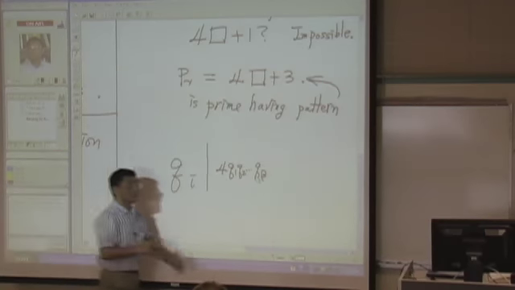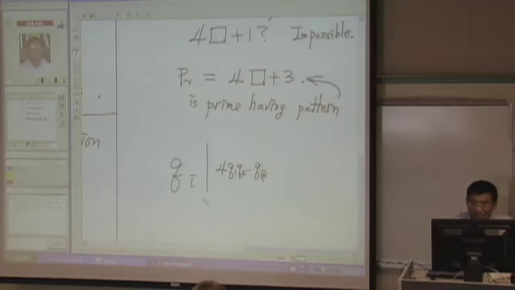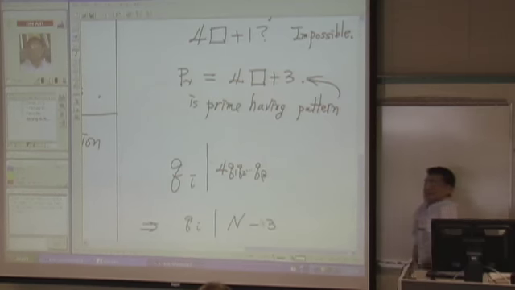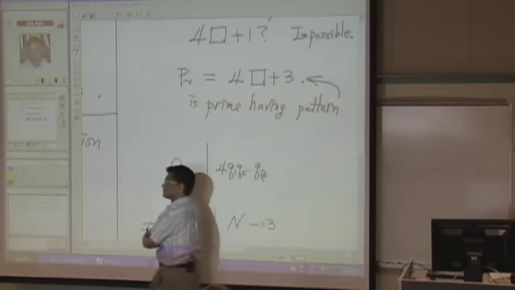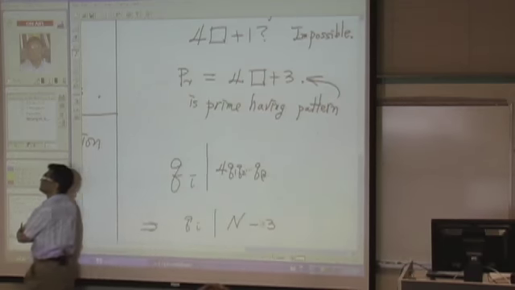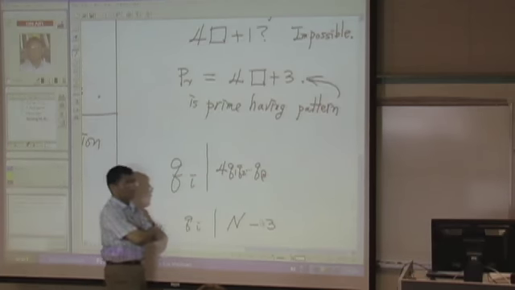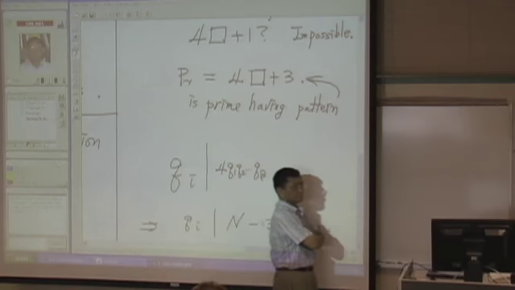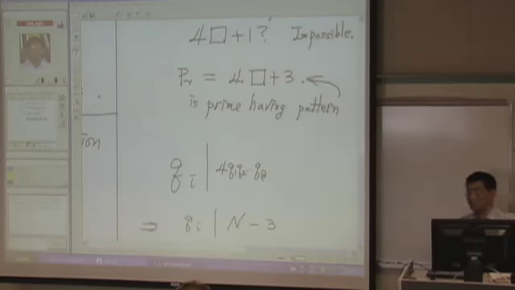In other words, Q sub I divides N minus 3. I will go to the next page, but if you have a question, ask it.